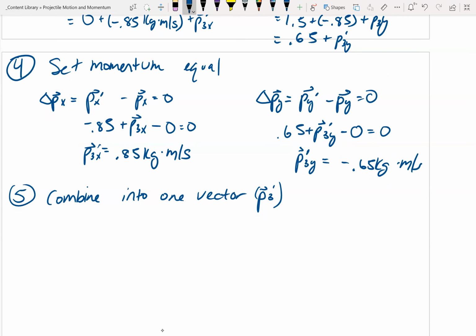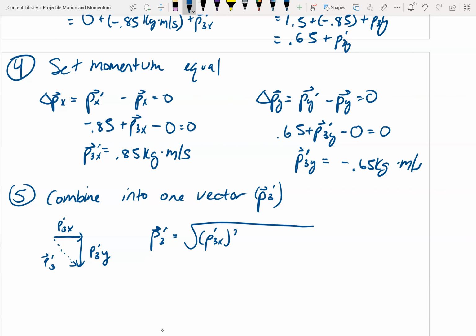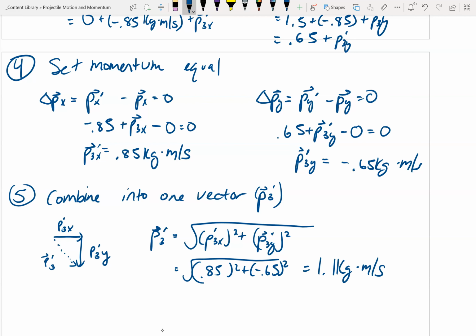So using our vector addition, we're going to calculate this using Pythagoras. Be P3x prime all squared plus P3y prime all squared, which is 0.85 squared plus negative 0.65 squared. You get 1.1 kilograms times meters per second.